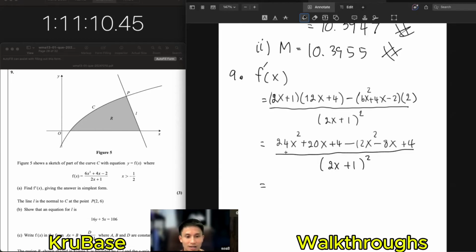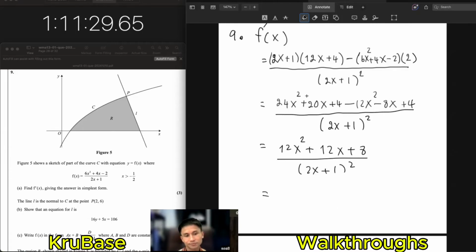Simplifying the top part, I get 12x squared. This is basically 20 and a minus 8, I get 12x again. And a plus 8. So, yeah, you can bring 4 out. And if you bring 4 out, you get 3x squared plus 3x plus 2.